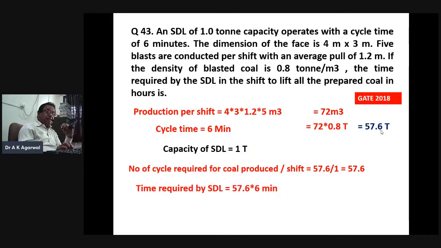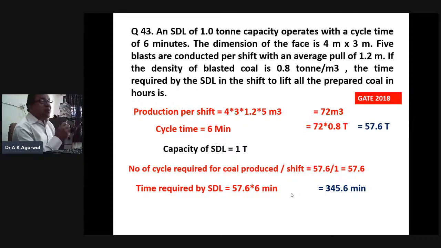Okay. Time required by SDL: how much time will be required by SDL? 57.6 into 6, because each cycle takes 6 minutes, and the number of cycles is 57.6. This is equal to 345.6 minutes.